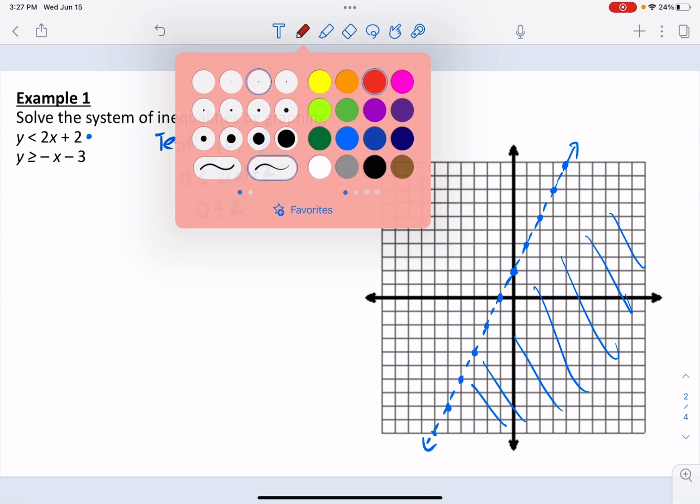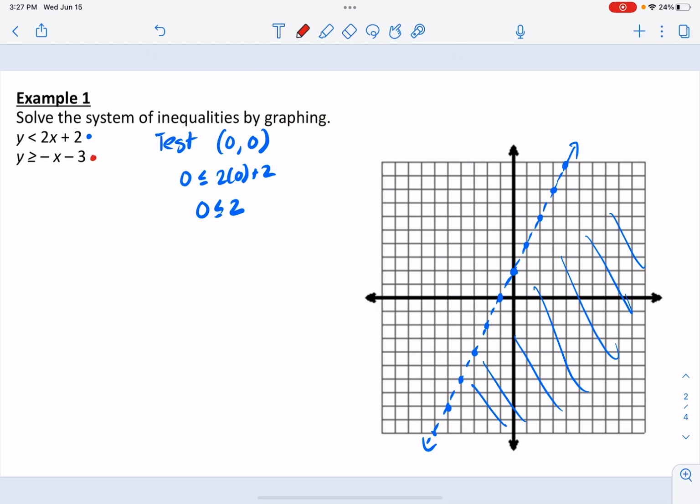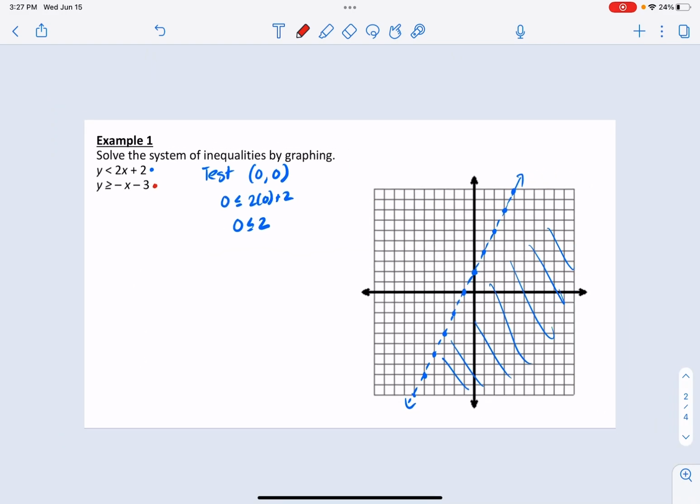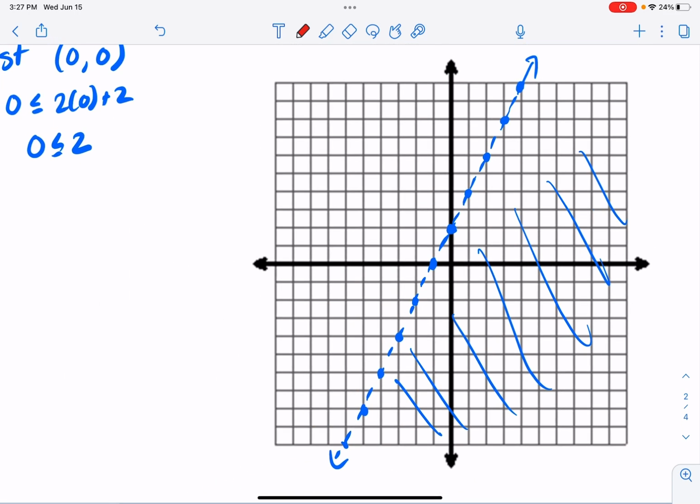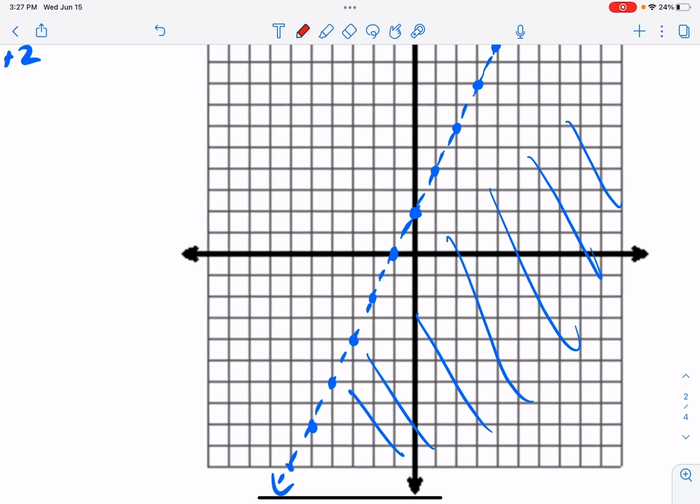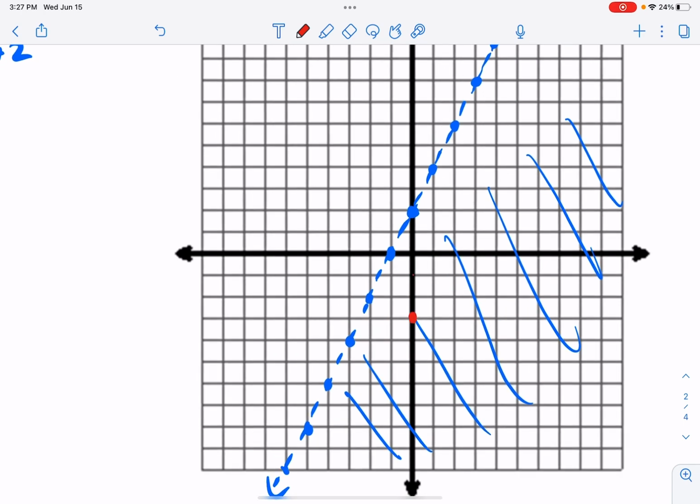I'm going to do the other one in red. Negative x minus 3. Okay, so minus 3, 1, 2, 3, and it's a negative sloping line, so I'm going to go down and right 1, up, left 1.